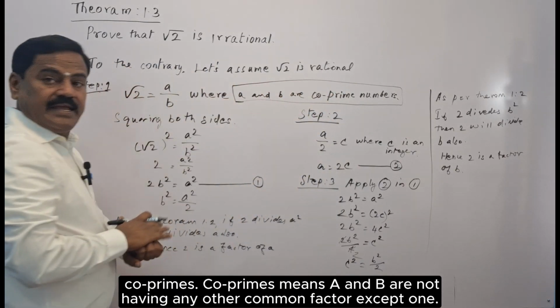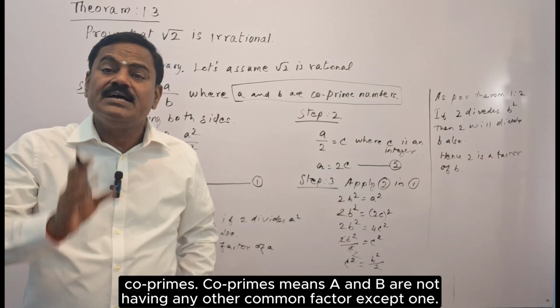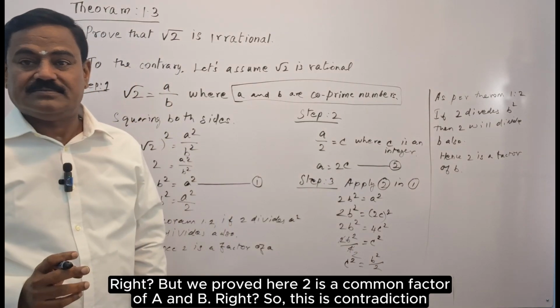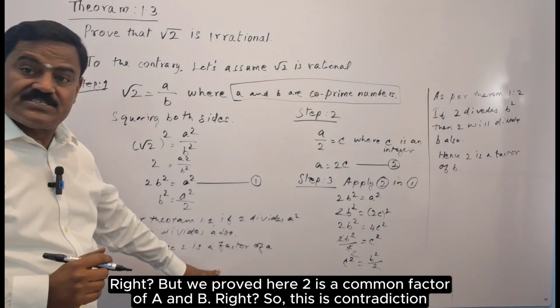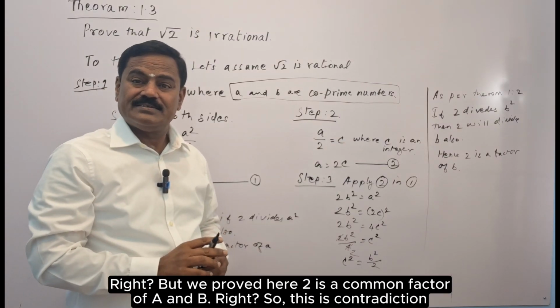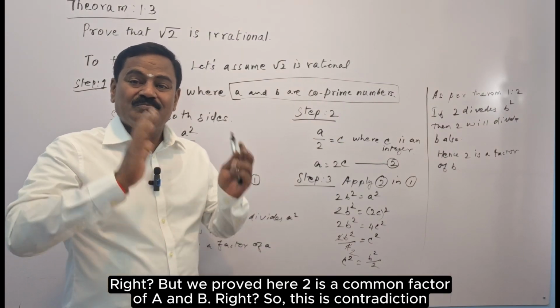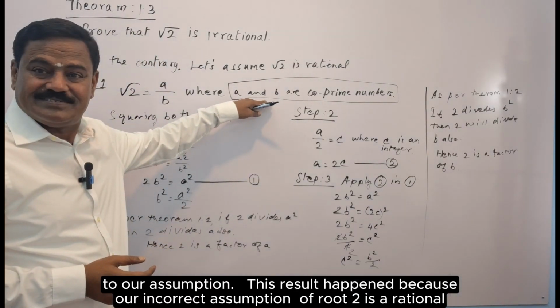Co-primes means a and b do not have any common factor except 1, right? But we proved here 2 is a common factor of a and b, so this is a contradiction to our assumption.